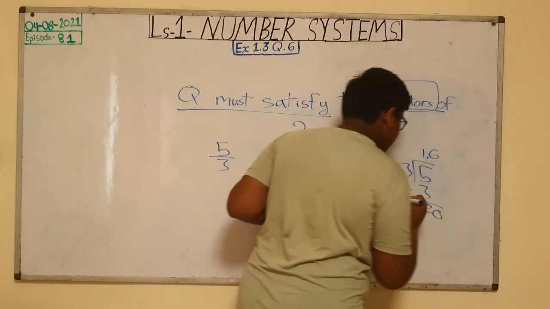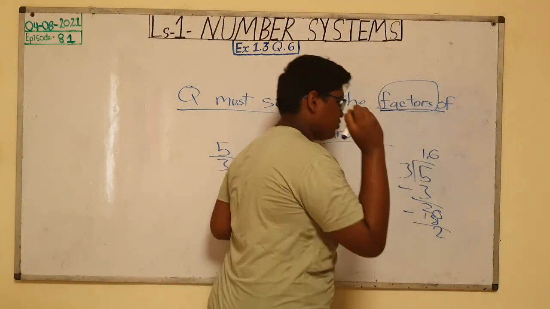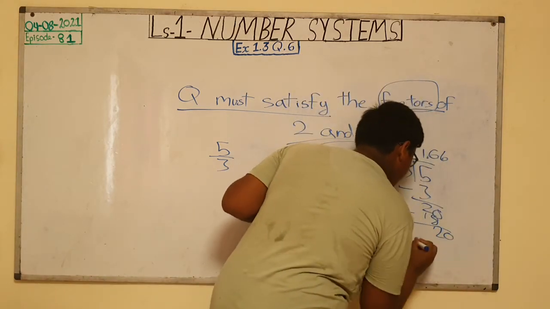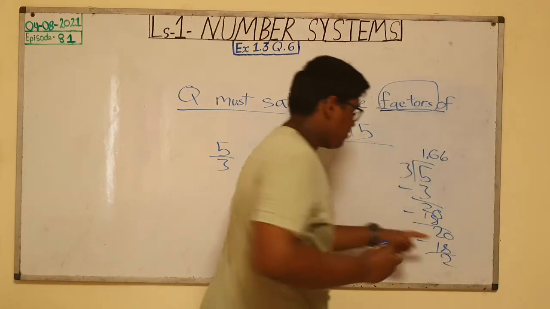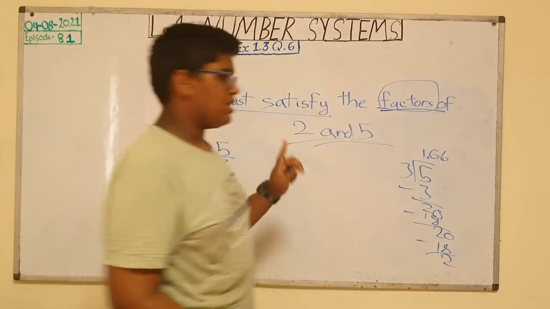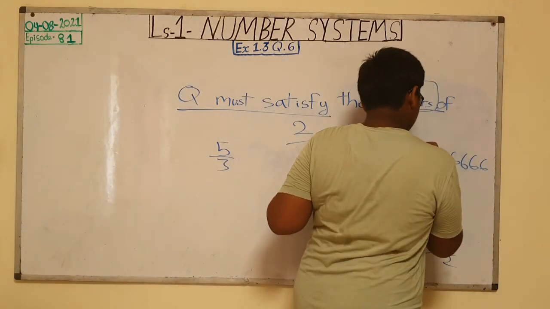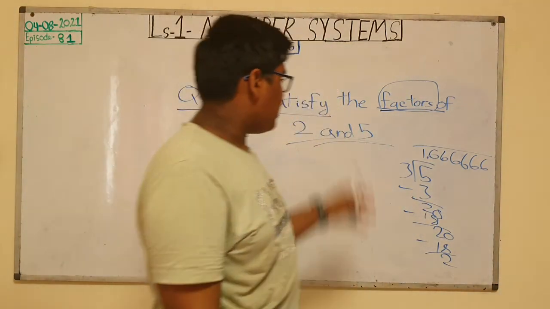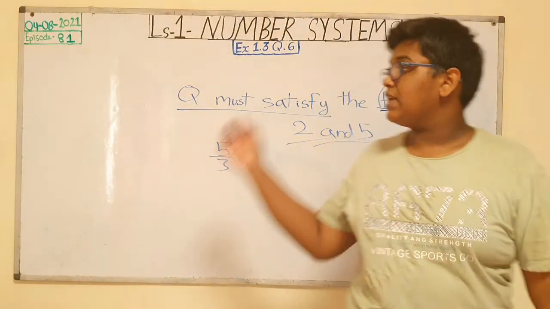So 1.6. Now we have 18 again, and again we are getting 2. Then let's take 6 again by putting a 0. Now we have 18 again, again we are having 2. So this means that some kinds of examples are non-terminating, recurring. Okay, so these were some examples and the answer for question number 6 of exercise 1.3.